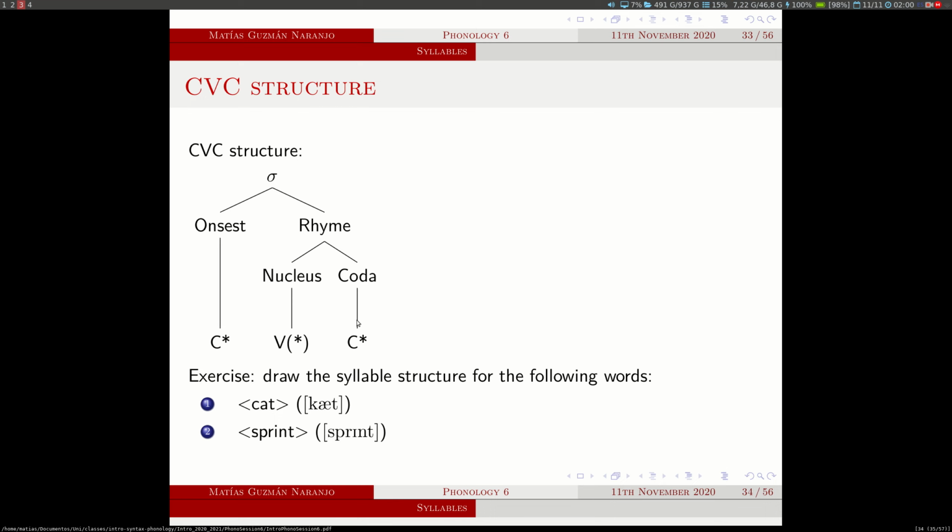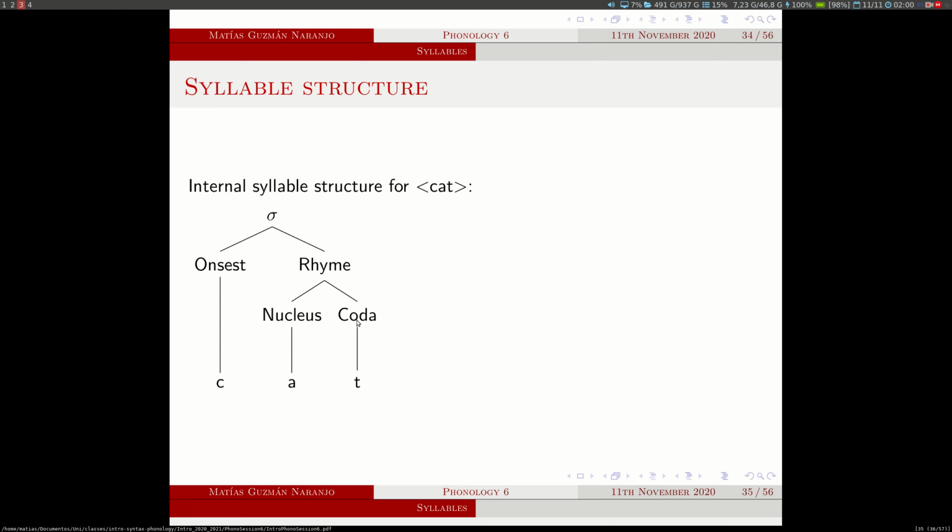So here's again the representation, and try to draw the diagrams for these 2 words, cat and sprint, and see what you come up with. So for cat, it's very simple. You only have one onset, one nucleus, and one coda.